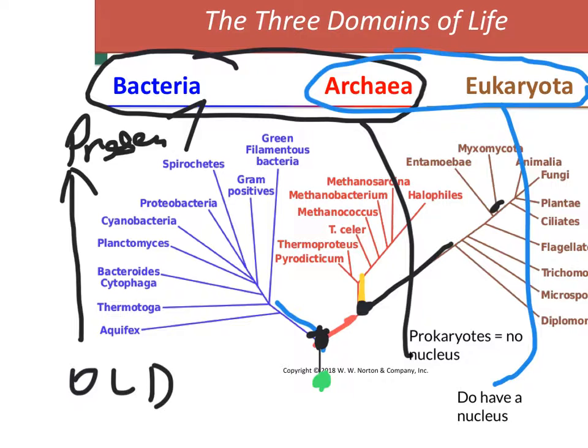Down here. The reason it's thought that is that all life here that we see up on top, whether it's bacteria, archaea, or eukaryote, they share certain things in common.